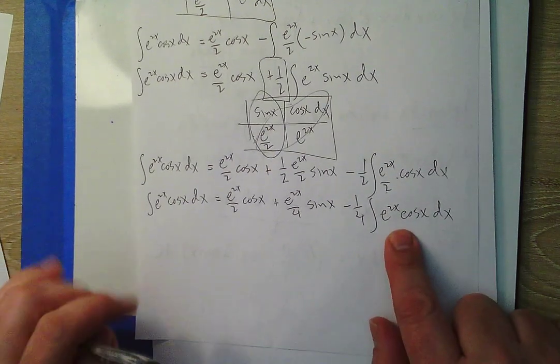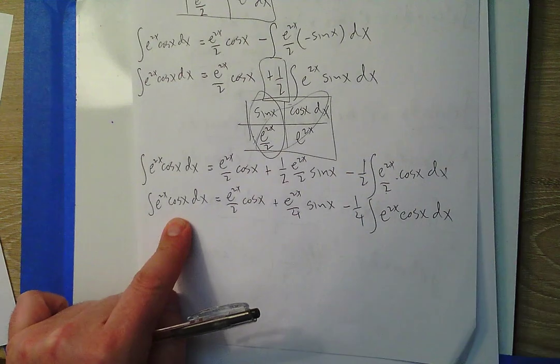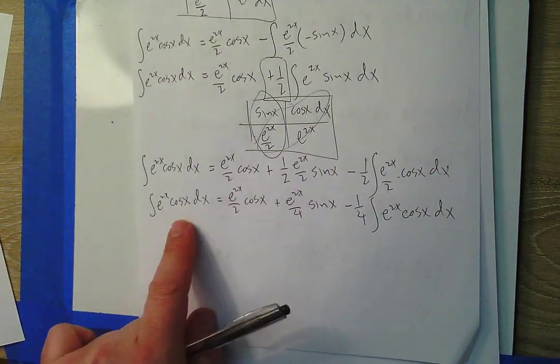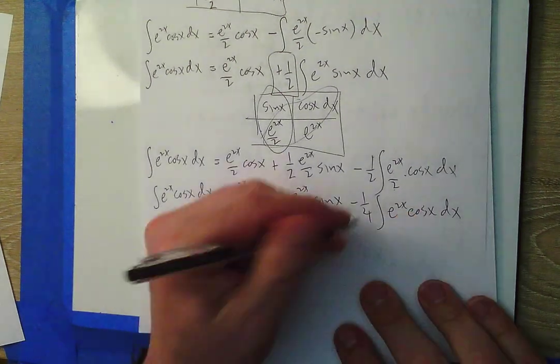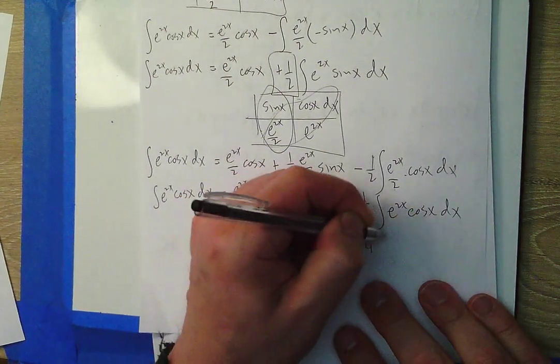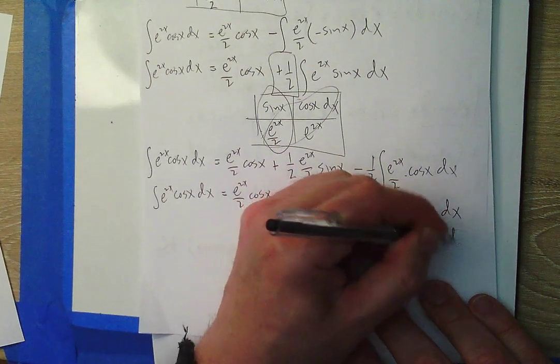So notice this is the same as my original. One of the reasons I write the original all the time here and write the whole line over and over is as a reminder to know when to stop and to facilitate adding 1/4 that integral to both sides.